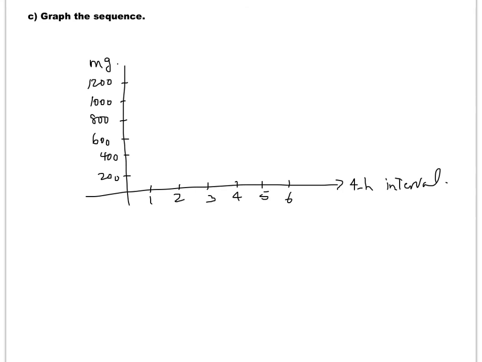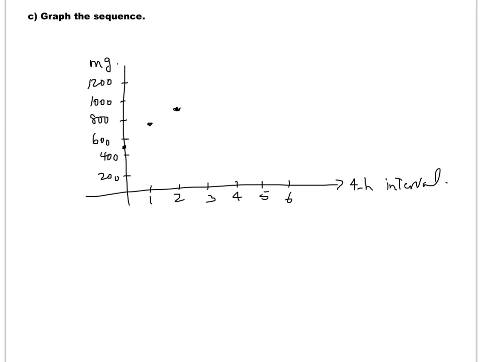Now, when the 4-hour interval was 0, this is 500, which is here. When it becomes the first 4-hour interval, it becomes 750. 600 here, 750 is going to be somewhere here. Then the second one is 875, which is going to be somewhere around here.